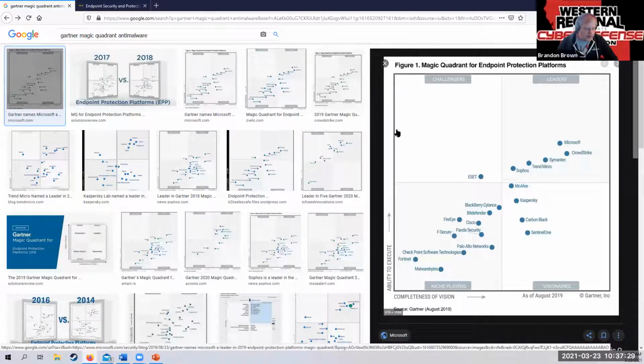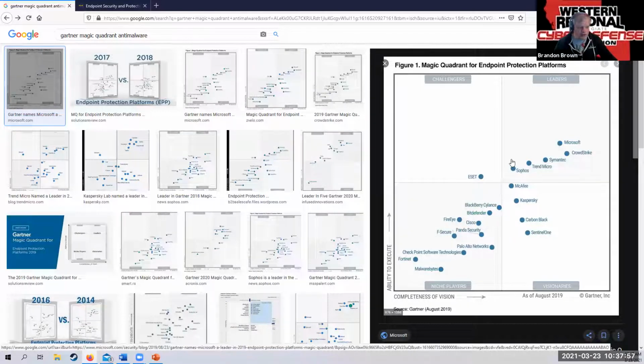The higher up you go, the better off you are. I was really surprised to see here in 2019, and this is again a year old, that Microsoft was the leader in anti-malware. Now, I'm happy to see that because Microsoft has had all kinds of problems over the course of its history with malware and viruses and vulnerabilities.